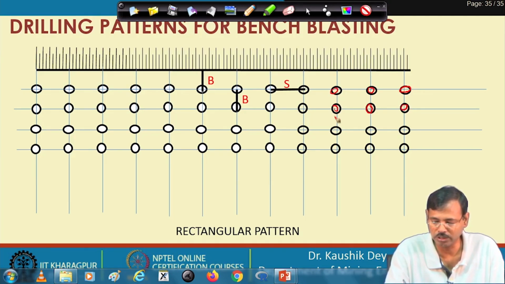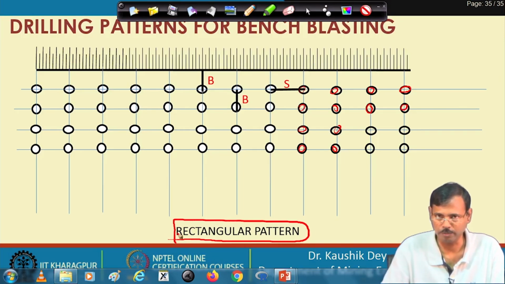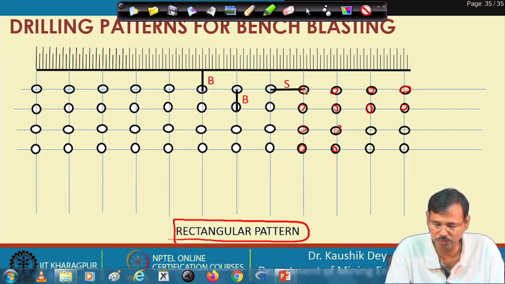You can see the holes of the next row are drilled directly behind the front row holes, and this type of drilling is called a rectangular drilling pattern. In a rectangular drilling pattern, if you join 4 holes, a rectangle is formed.